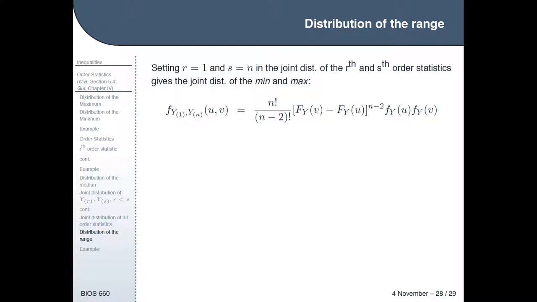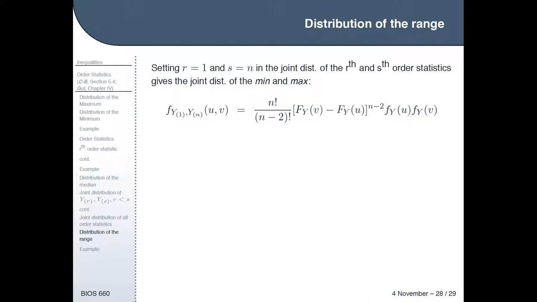So after all that, we can now calculate the distribution of the range if we really want to. If we let r equal 1 and s equal n in the joint distribution of the rth and sth order statistics, then we can find the joint distribution of the min and the max.